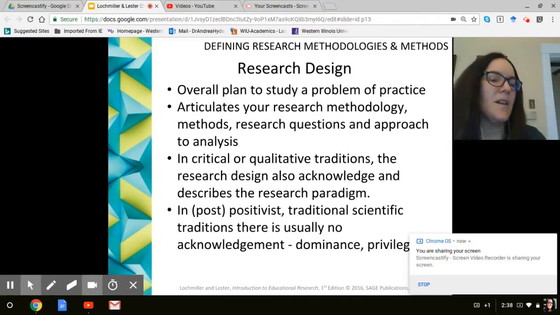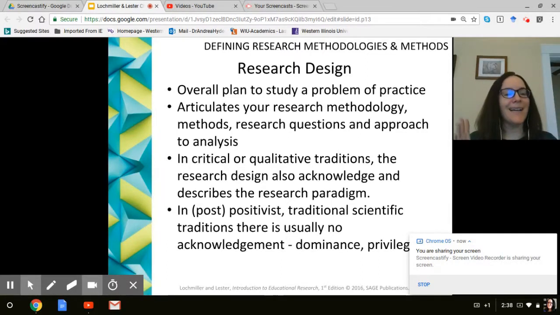Your research design tells your reader exactly what you're going to be doing, why, using what methodology, what methods, how you're going to analyze, how you're going to talk about your own bias, what the checks for validity or reliability or trustworthiness are that you're going to use. What are your results going to look like, and what are you going to do with the results afterwards?